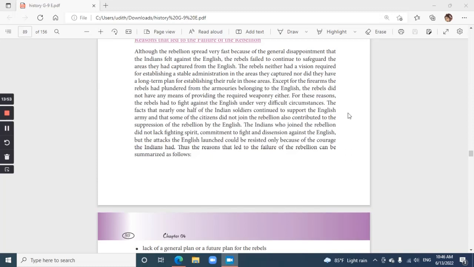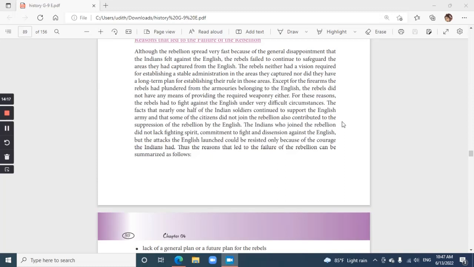They were not united. The Indians who joined the rebellion did not lack fighting spirit, commitment to fight and dissension against the English, but the attacks the English launched could be resisted only because of the courage the Indians had. The Indians who joined this rebellion did not have any spirit to fight.